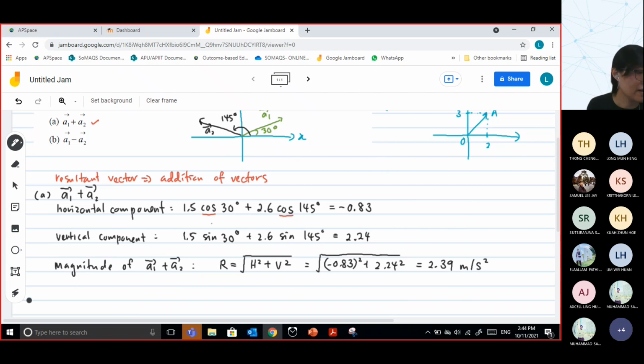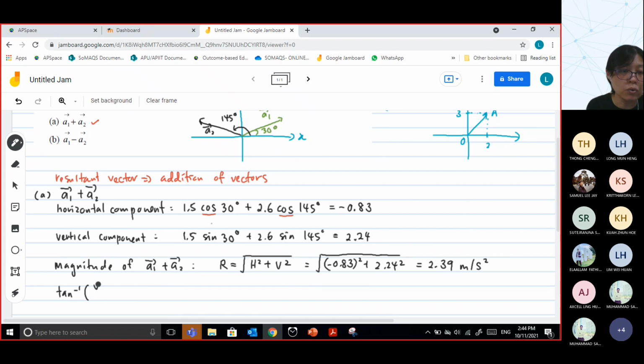Then the next is you need to find the angle. Remember when we find the angle, we use arctangent. Once we involve arctangent, we just ignore the sign first and calculate the basic angle.